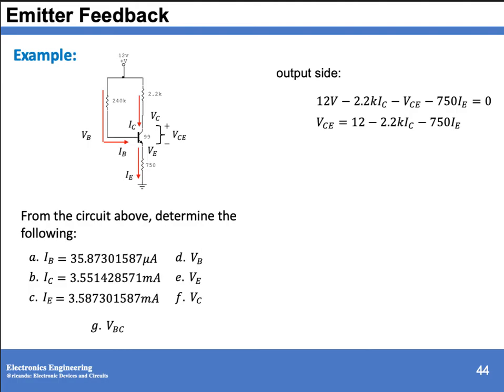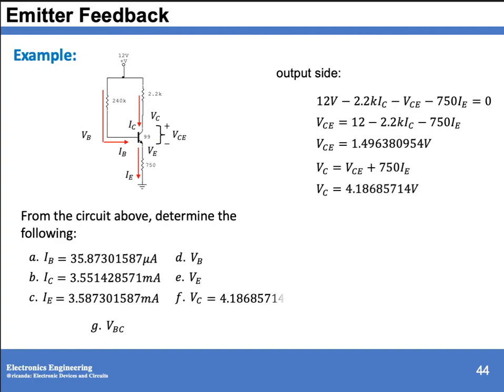Therefore, we can solve for your VCE. So VCE is equal to 1.496380954 volts. And for your VC, that is equivalent to your VCE plus the voltage drop across 750. So that is our VC.